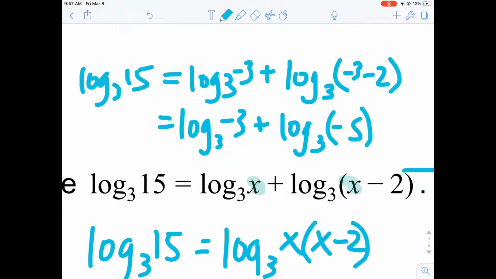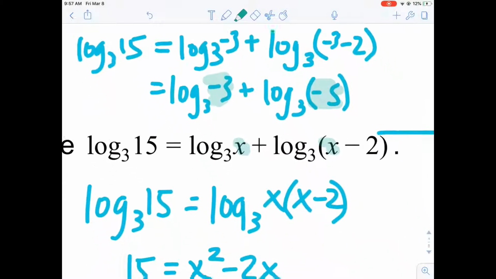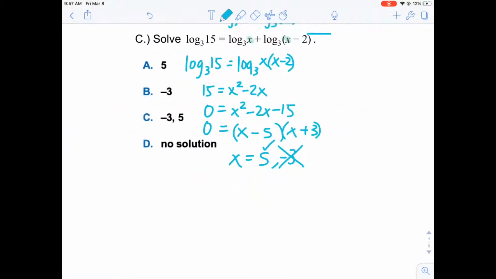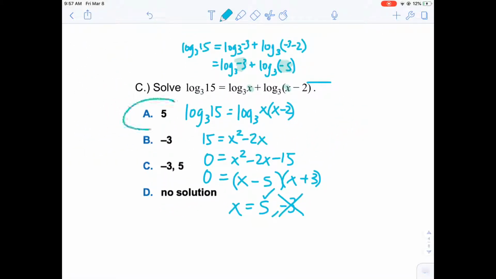And wait a minute. Remember, we can't even plug in negatives to a logarithm. So this right there is already just telling us that negative 3 is not a solution to this problem. Therefore, our only solution is 5 in this problem.